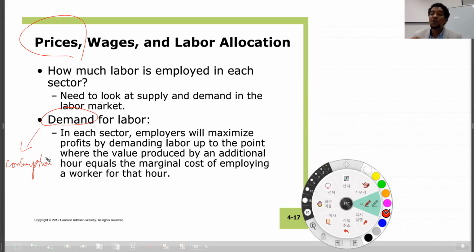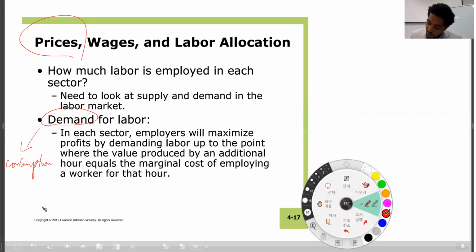So we will produce more clothes and we will use more labor to produce these clothes as long as the marginal cost of adding one more unit of labor to the production is not greater than the profit that we get from producing these more products, okay?